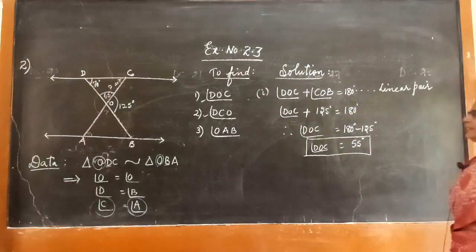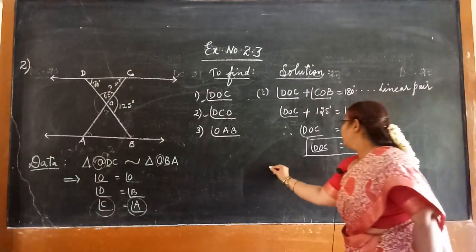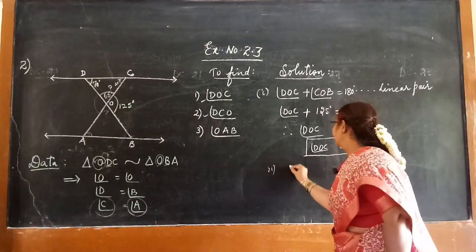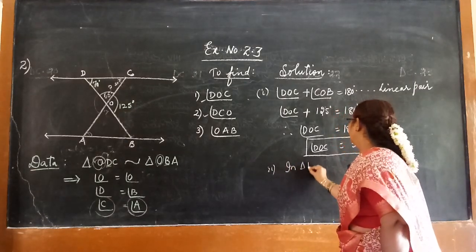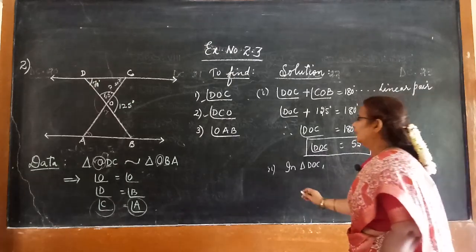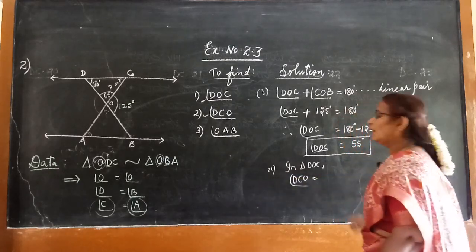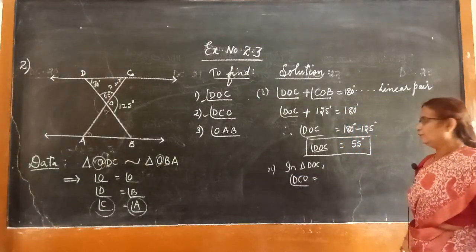Then how do we find angle DCO? We have to consider the triangle DOC. In that triangle, two angles are known and the third angle we have to find. In that we have to find angle DCO. How do we find angle DCO?